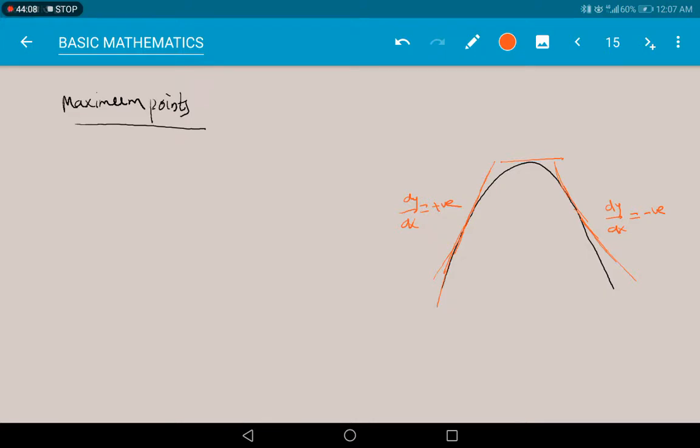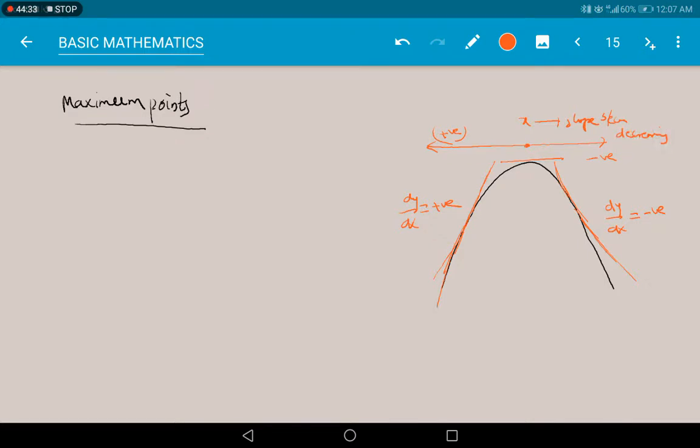The left of the maximum point is positive slope and the right will be negative slope. So what is the meaning of that? As x value increases, the slope becomes decreasing.